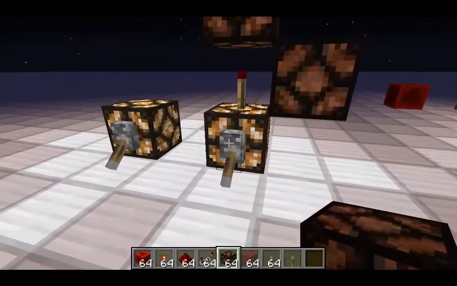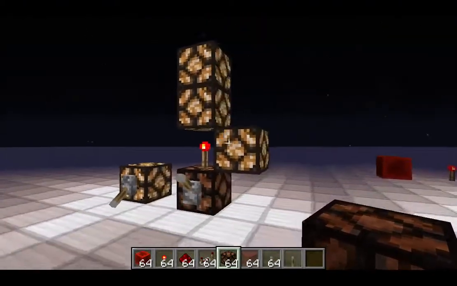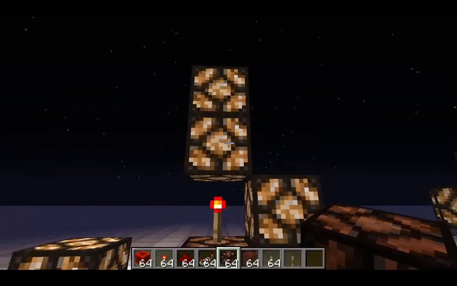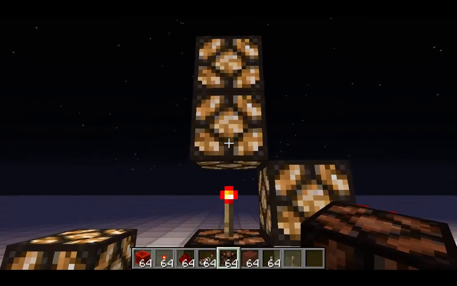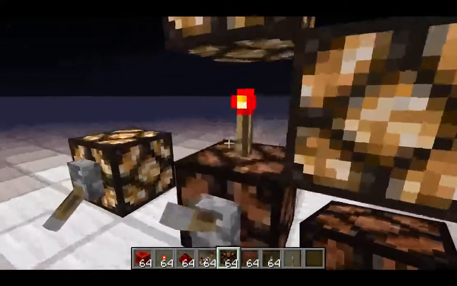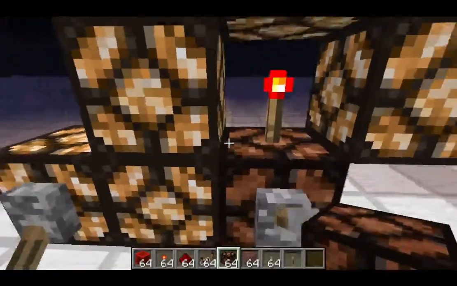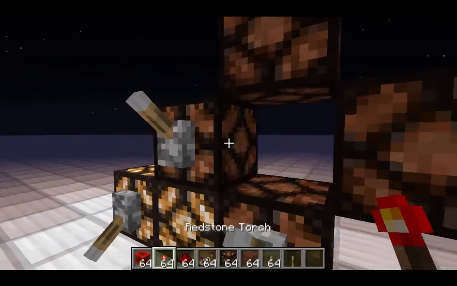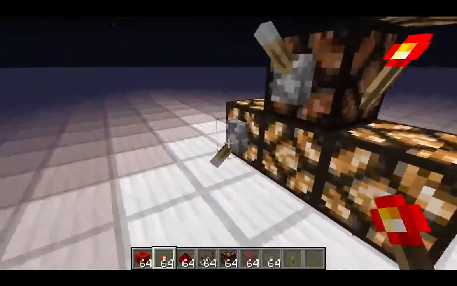So when I flick this switch, we'll see that this one came on because it was activated by the side of the torch, and these two came on because this one was powered by the torch and it in turn powered that lamp. And this principle would also work if I were to place a lever on this lamp and put a redstone torch on the side.